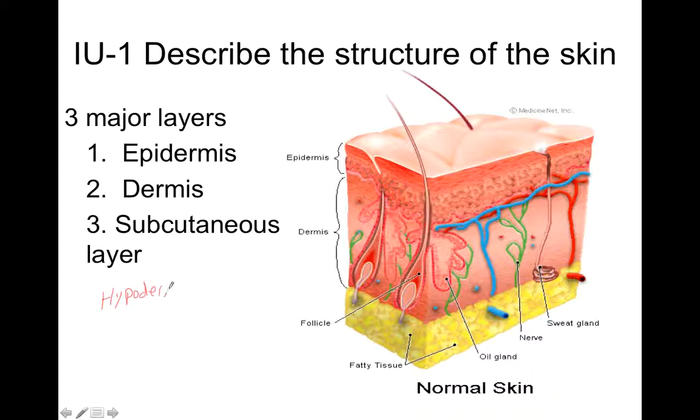Okay, and really the subcutaneous layer isn't a true layer of the skin, but it kind of is too. So we're just going to say it is. So the subcutaneous layer, or the hypodermis.